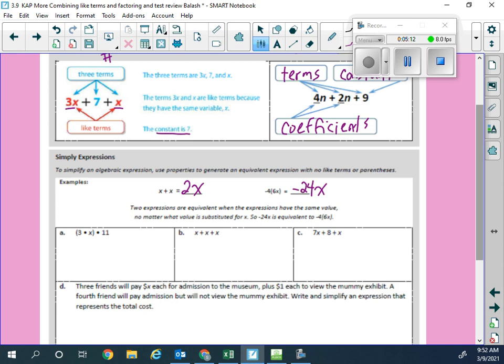So what we mean is, if I was to plug in, let's just say a 2 right there. What is 6 times 2? 12. And what's 12 times negative 4? Negative 48. And if I were to plug in a 2 right here, negative 24 times 2 would be what? Negative 48. So you guys, that's what they're saying, that they're equivalent expressions, and so that when you plug in the variable, you're going to get the same values, no matter which side you do it on.